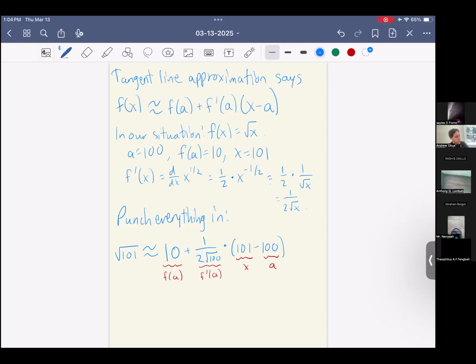And so what happens when we evaluate this? This is 10 plus 1 over 20 times 1, or in other words, this is 10.05. Okay? So this is our approximation. What's the actual answer?